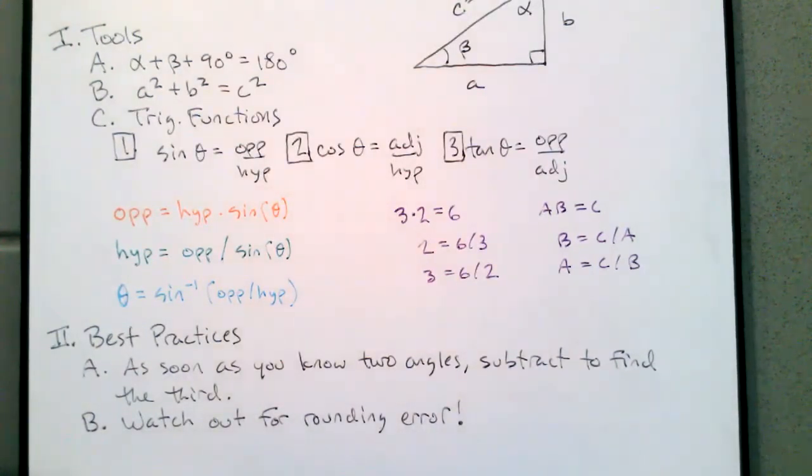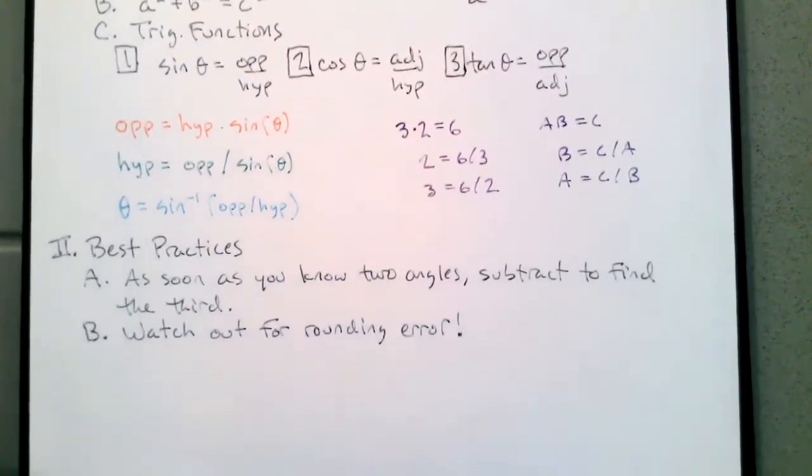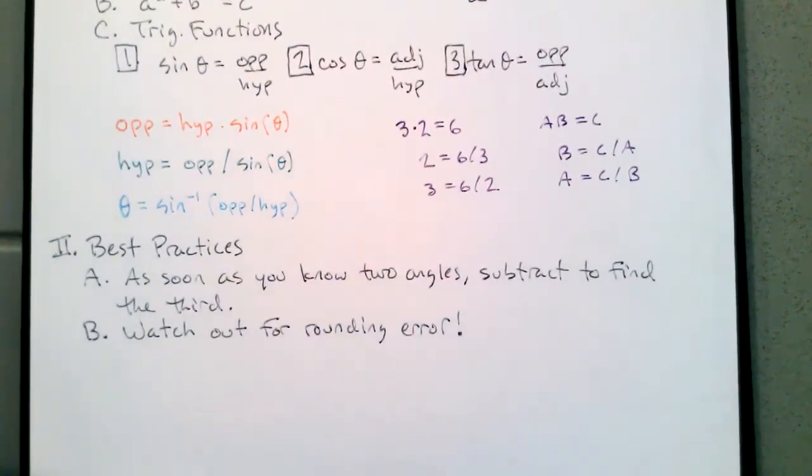The best ways to watch out for rounding error, number one, if you have a choice, choose the given information, because that's information that hasn't been rounded.